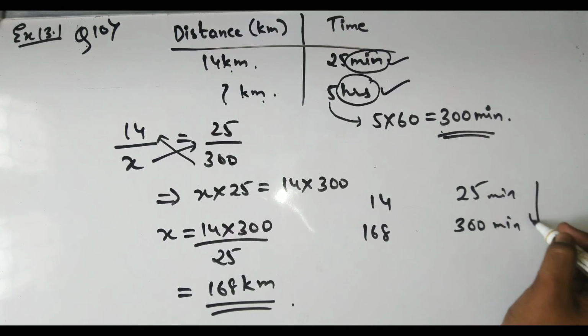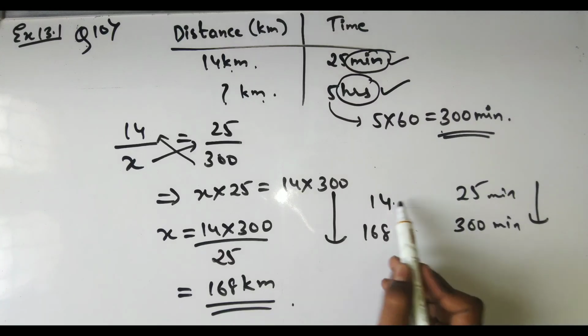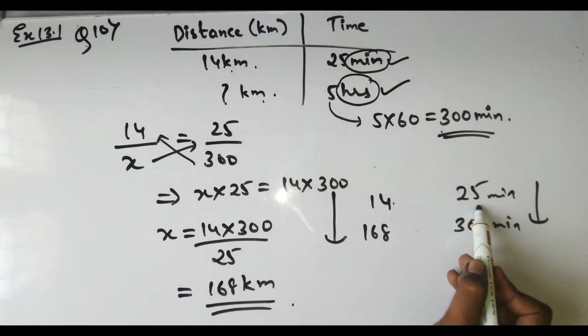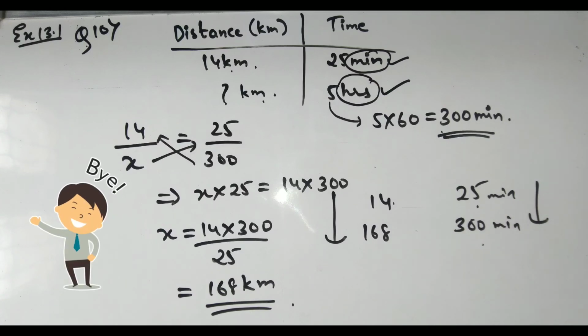So this is increasing, and even this will be increasing. Before the question itself you have to understand that this will be increasing, because for 14 kilometer it takes 25 minutes. For 300 minutes of course it will cover more distance, correct?